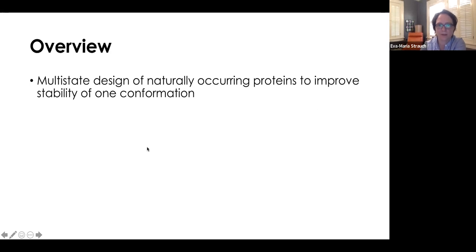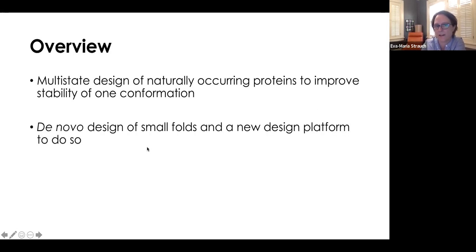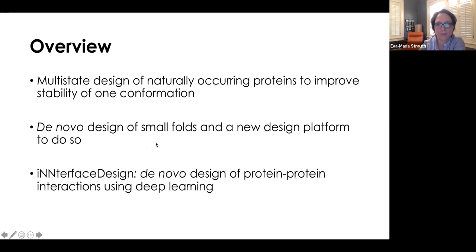Then I'm going to talk shortly about de novo design of small folds and what platform we have for that, and where this can go, or what we extracted from it. And then we have a whole set of new design algorithms that involve neural networks for the design of protein-protein interactions. So each a little bit, as we now have data on all of these projects.